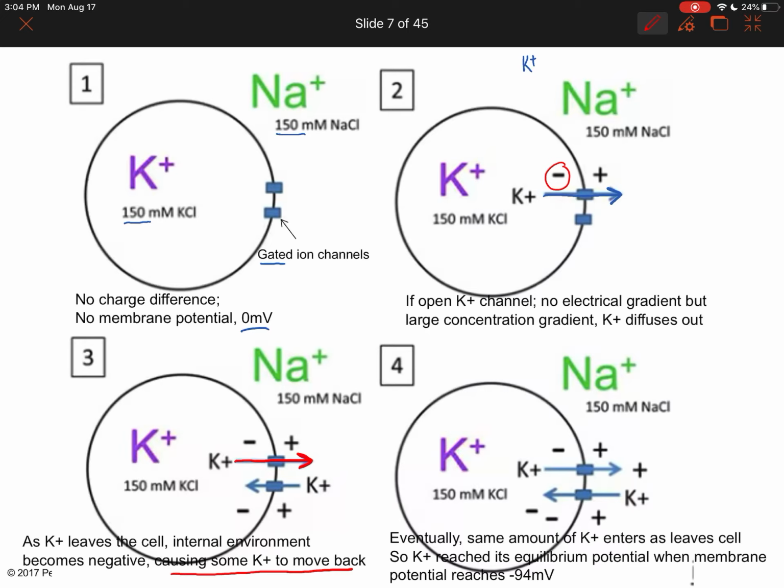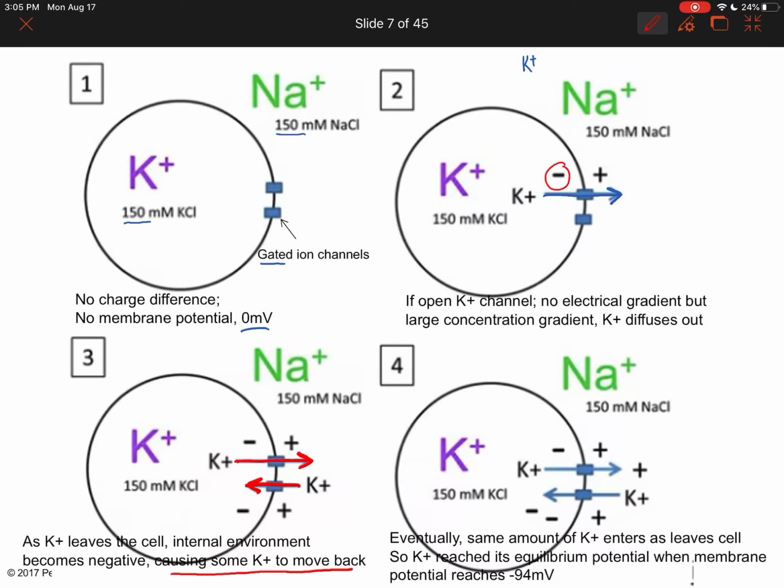So we can see that the concentration gradient is moving potassium out, but the growing negative charge inside is going to be pulling the potassium back in. So at what point, at what membrane potential, would the outward efflux of potassium equal potassium flowing back in?